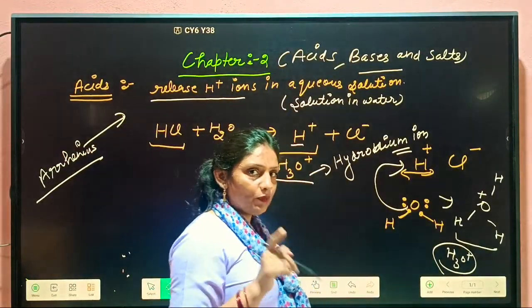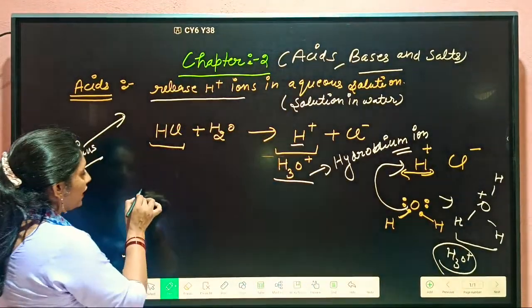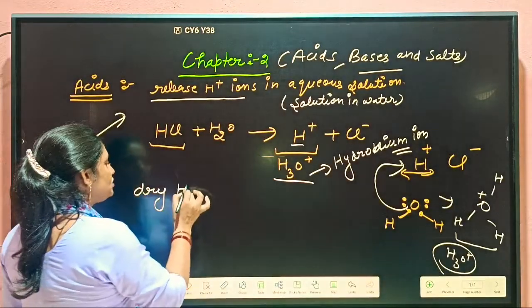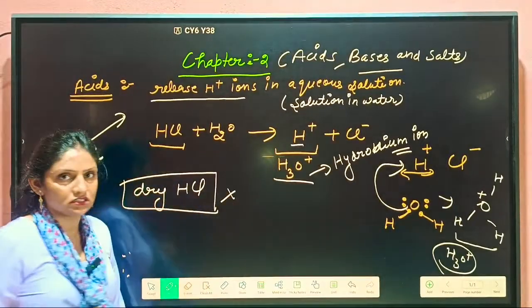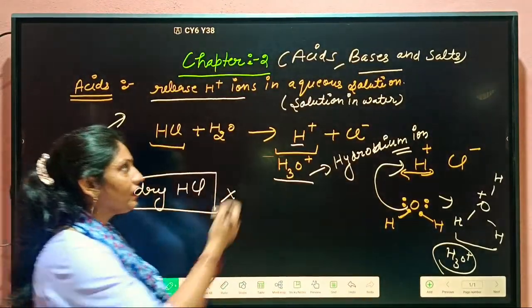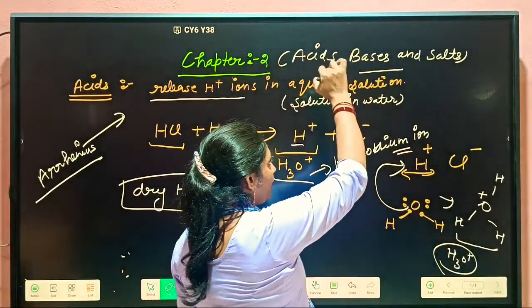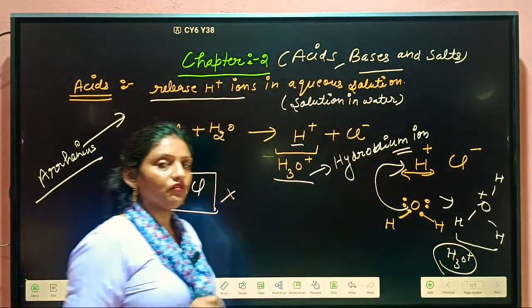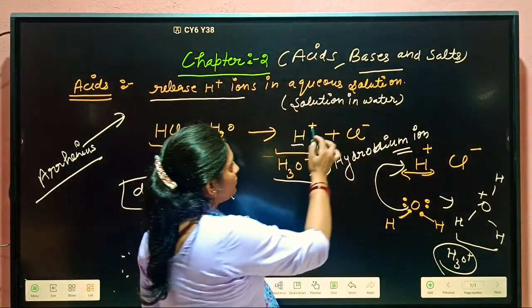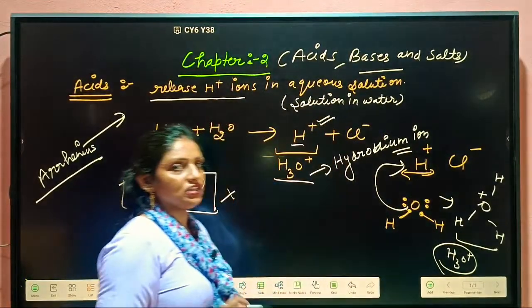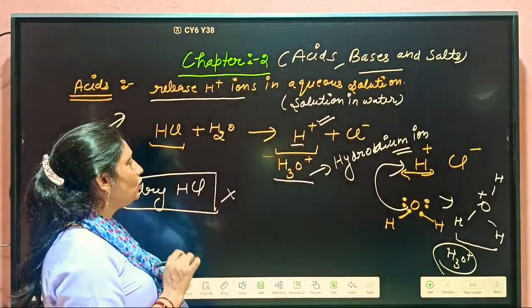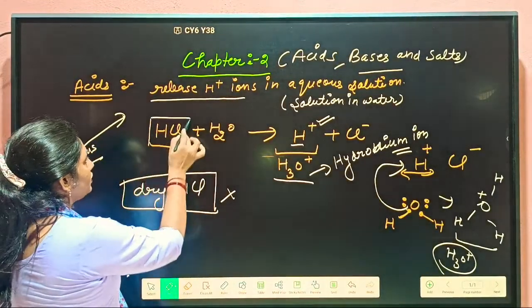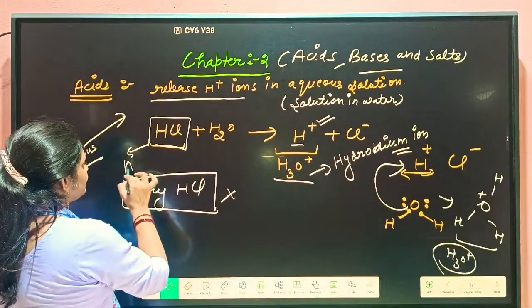Yes students, keep in mind, if we have dry HCl, meaning HCl in gaseous state, then it cannot release H positive ions. If we take an aqueous solution of HCl, a solution in water, then it can release H positive ions, and the substance which can release H positive ions in aqueous solution is known as an acid.